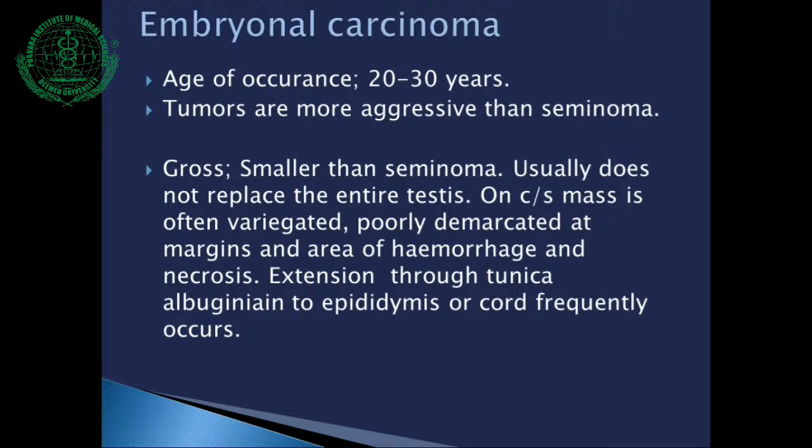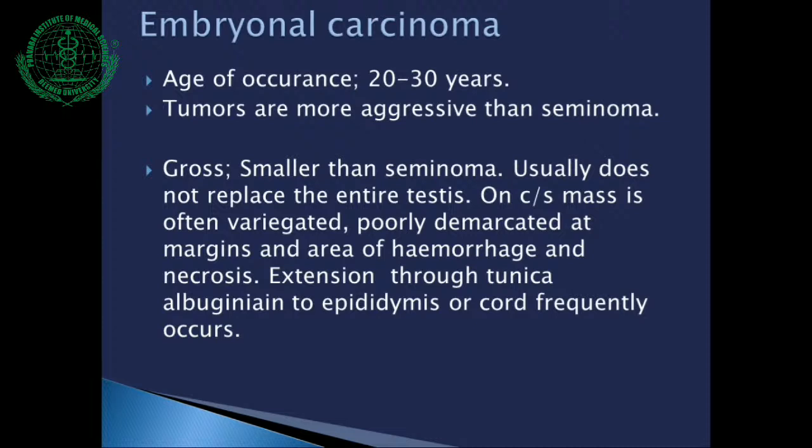Second one is embryonal cell carcinoma. It occurs in the adult age group, that is 20 to 30 years of age. The tumor is more aggressive than seminoma. On gross examination, it is smaller than the seminoma.